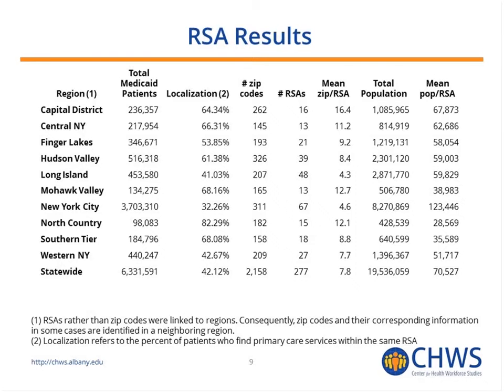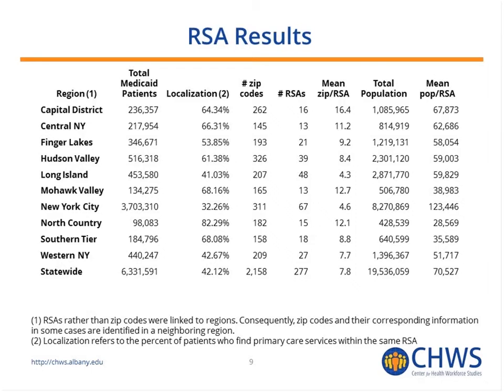That was our final set, and as you can see, they're divided by the DOL regions. You can see that the number of zip codes in an RSA tends to be bigger in rural areas because they're more expansive. The populations, however, were bigger in urban areas.